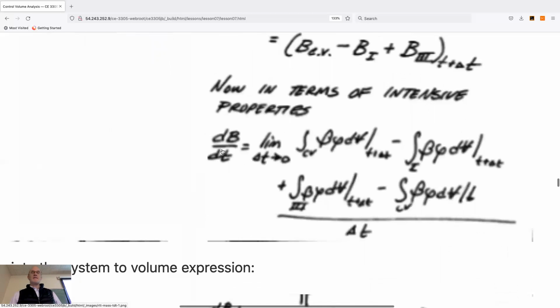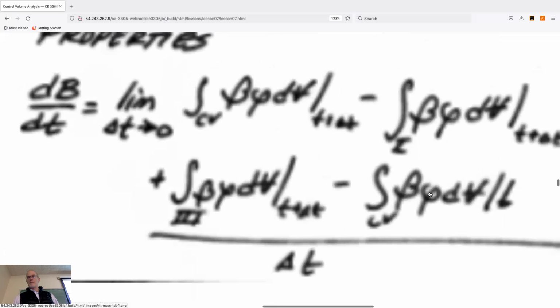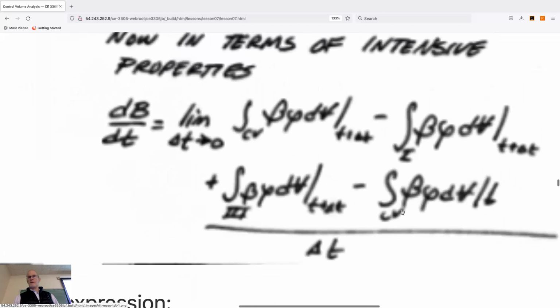Our dB/dt, if you will, is the limit as time goes to 0 of the integral over the control volume of beta rho dV at time t plus delta t, minus the integral over region 1, however big that is, of beta rho dV at time t plus delta t, plus the integral over region 3 of beta rho dV at time t plus delta t, minus the integral over the control volume of beta rho dV at time t, divided by delta t.